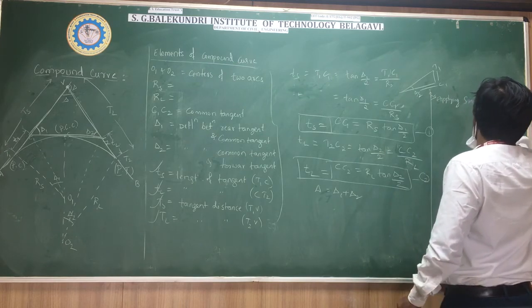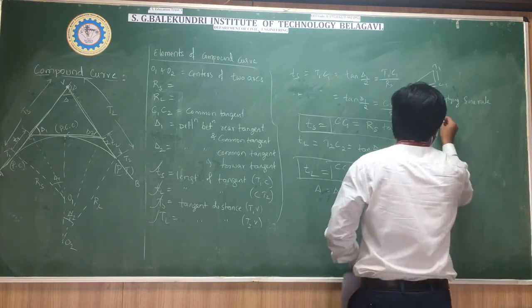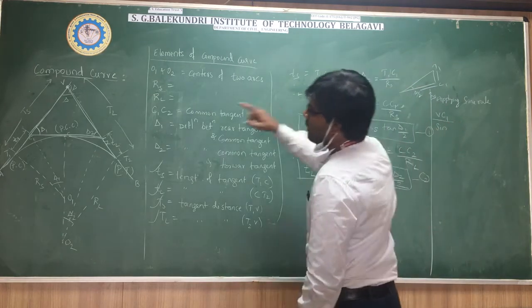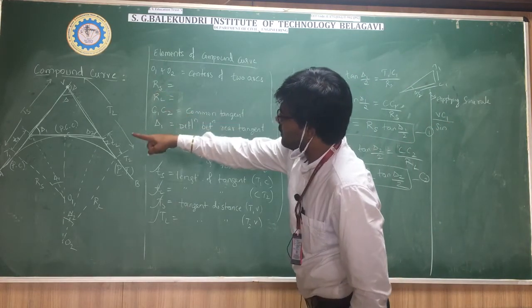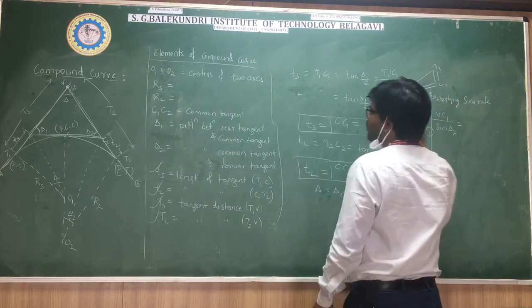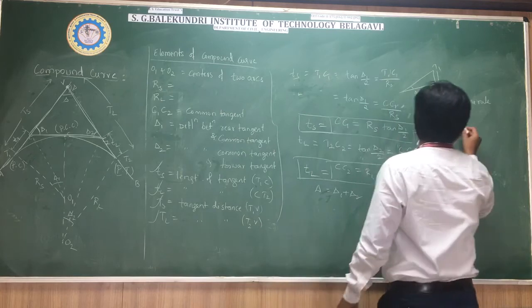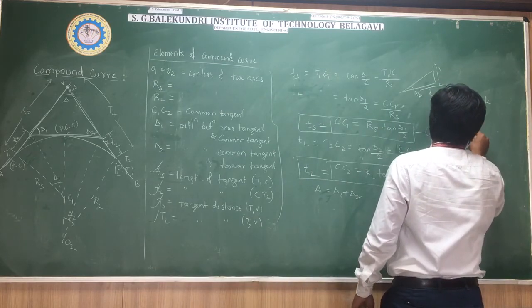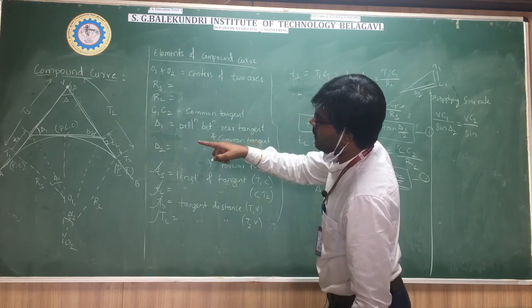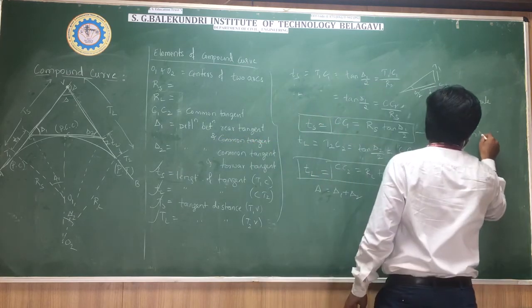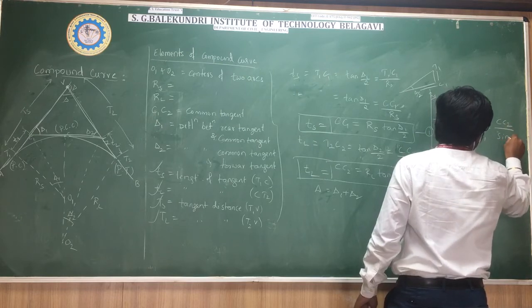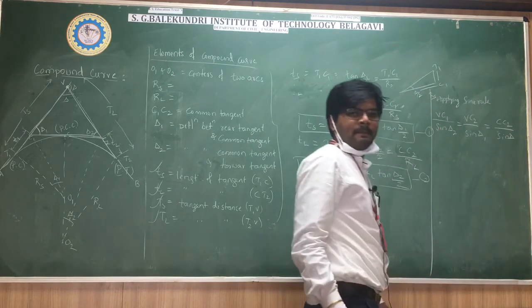Applying sine rule, I will write VC1 divided by sine delta 2 is equal to VC2 divided by sine delta 1 is equal to C1C2 divided by sine delta.